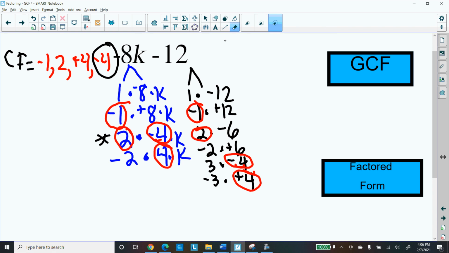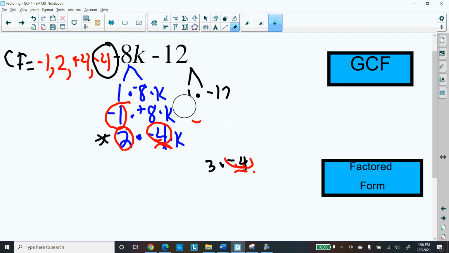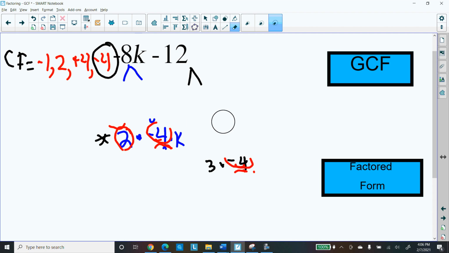So let me rub out a few of these. Okay, so here is the one we're going to deal with. We want the negative.